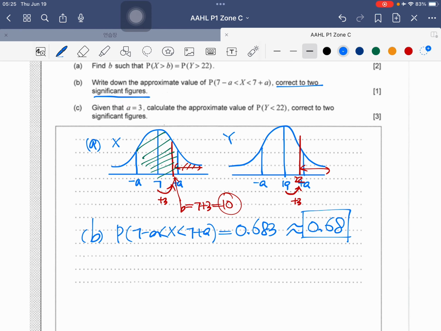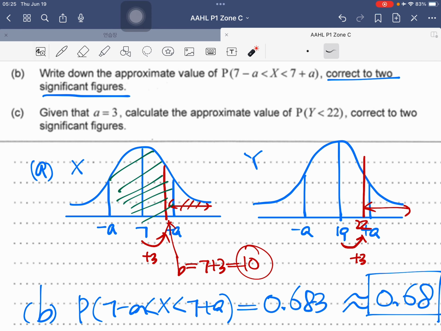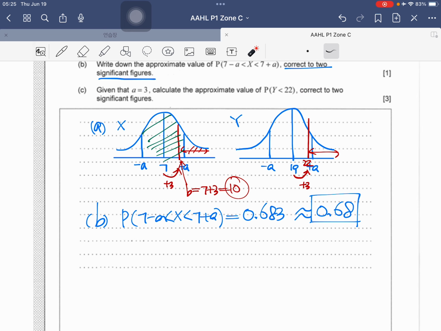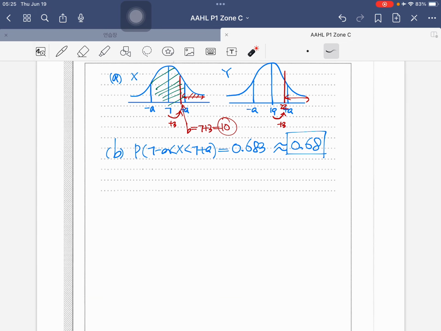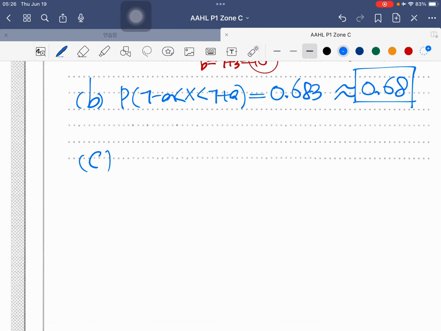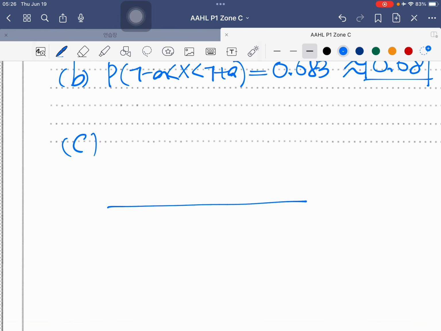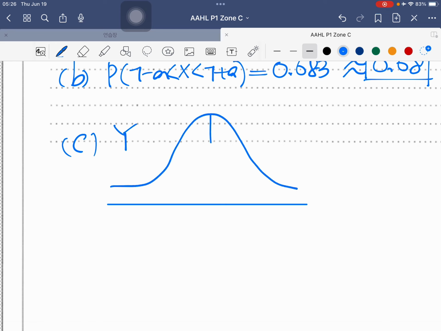Okay, question number C. Given that a equals 3, calculate the approximate value of the probability y is less than 22, correct to 2 significant figures. So for question C, we draw it again. We know that y follows the normal distribution bell curve with the mean 22 and standard deviation a, which is now 3. So here is minus 3, here is plus 3.